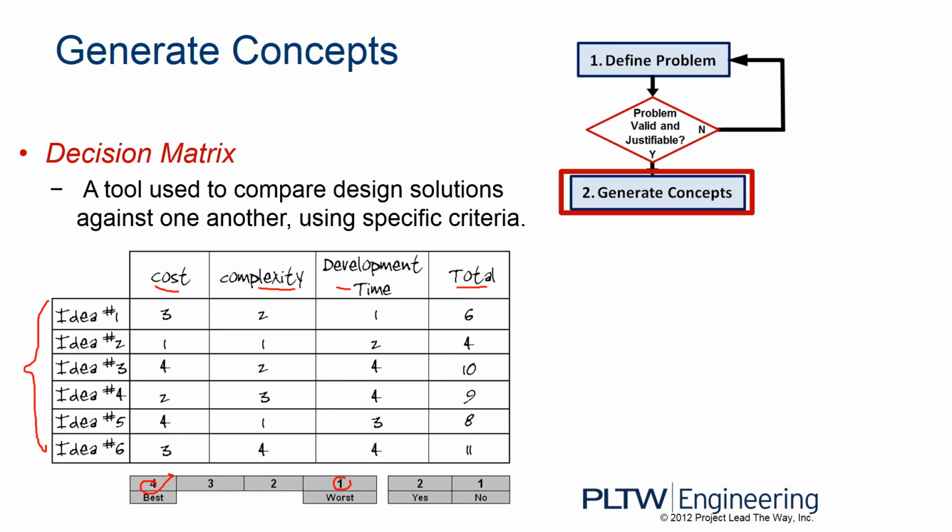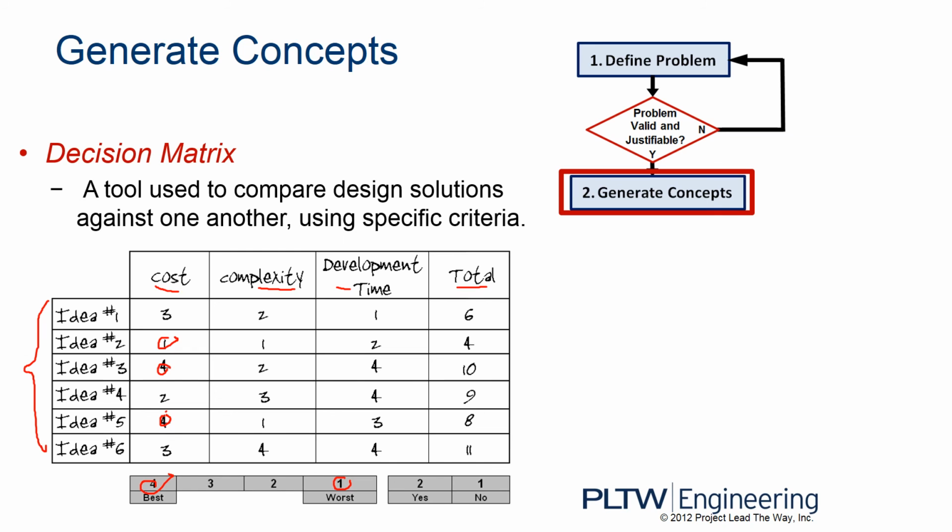Which one's going to cost the most to implement? In this case, it's going to be idea number 1 and is probably the worst. If we look at which one costs the least, it looks like idea number 3 and idea number 5 are costing the least because they're ranked higher. And you're comparing them against each other.